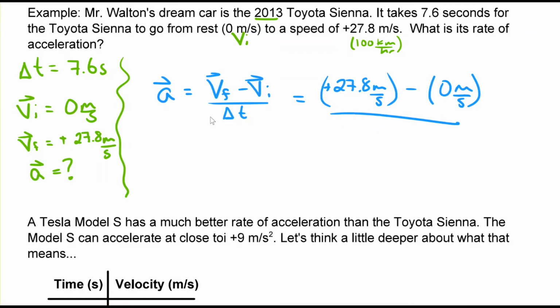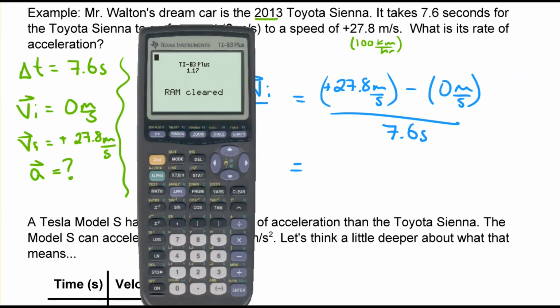Acceleration is the change in velocity divided by the change in time, and it took 7.6 seconds to do this. So when I put this in my calculator, this is super important for you to pay attention to. I just pulled up my calculator.